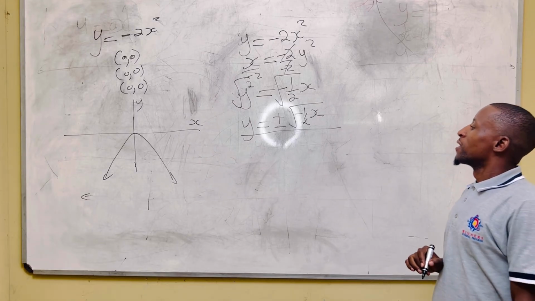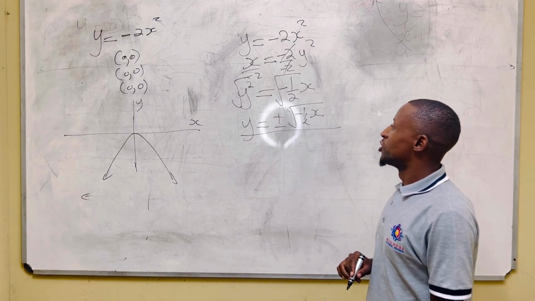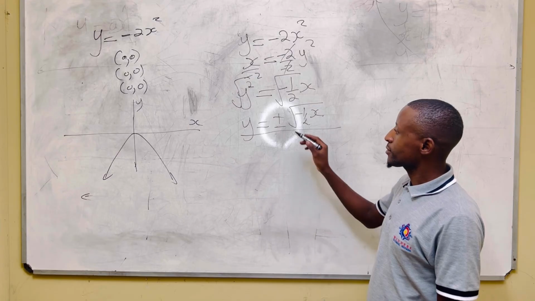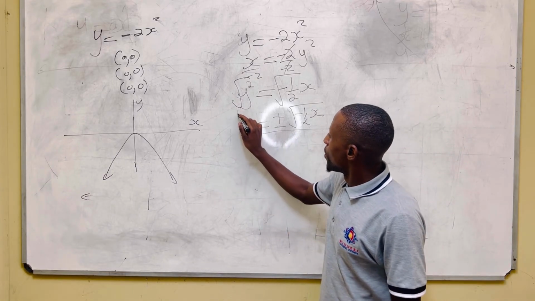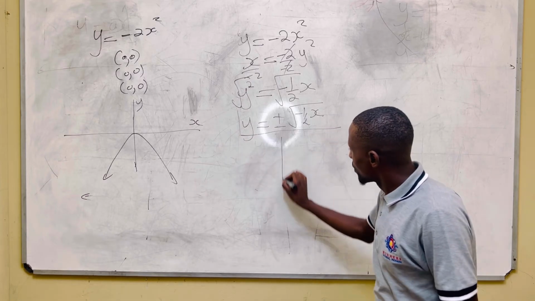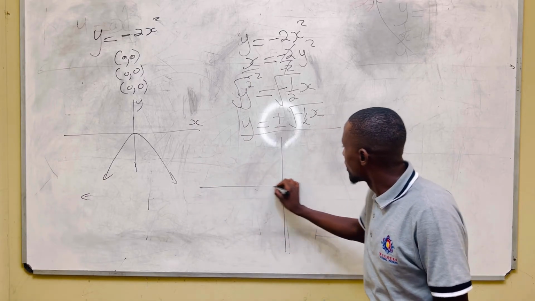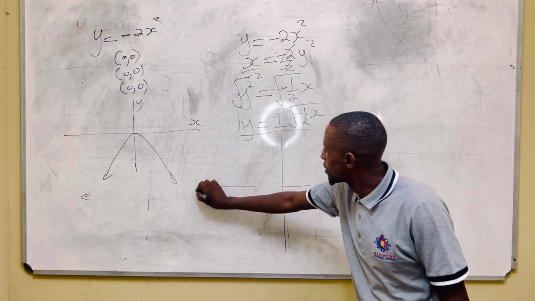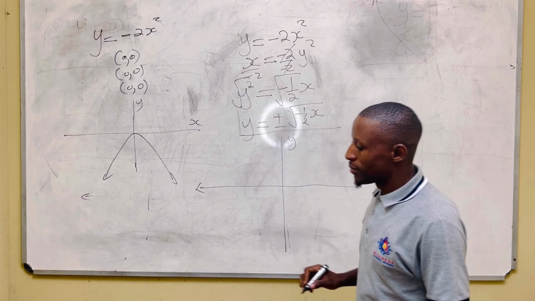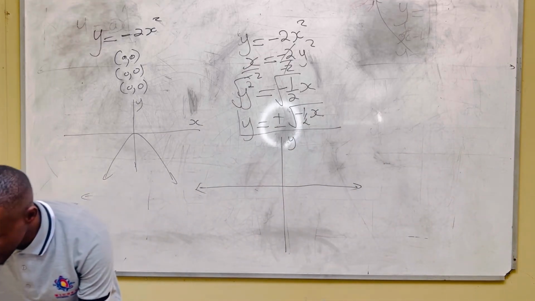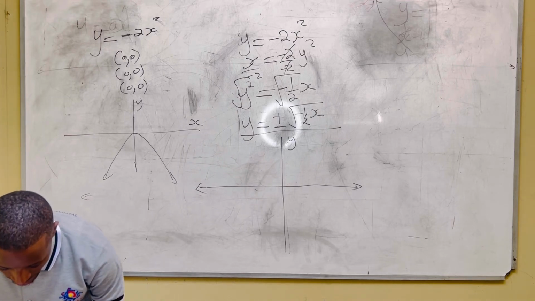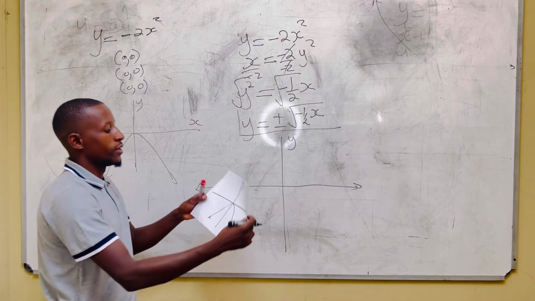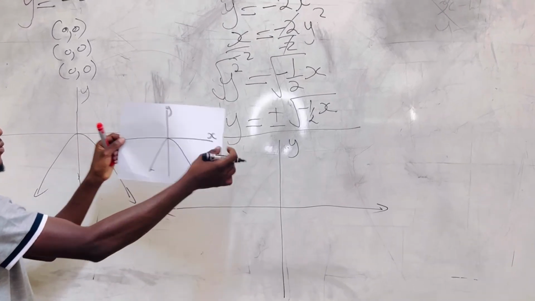So, if this one will be our equation, check something. Its inverse, how is it going to be? Let's check the shape of the inverse. Remember, to check the shape of the inverse, you must have the original graph, which is this one.